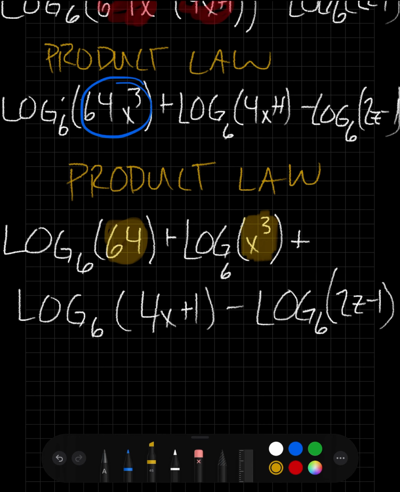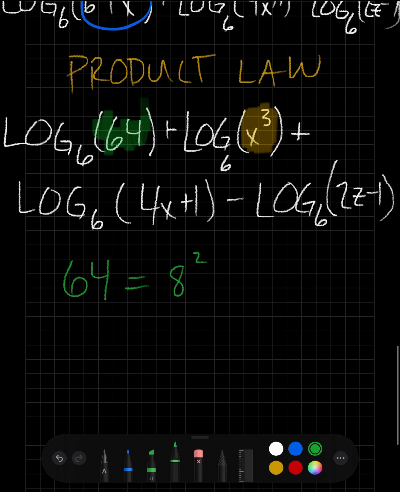Some of you probably guessed 1. You're not wrong, but I want to call your attention to this 64. Let's highlight it in green, and I'll do a little scratch work down here in green also. I know 64 is actually equal to 8 squared.